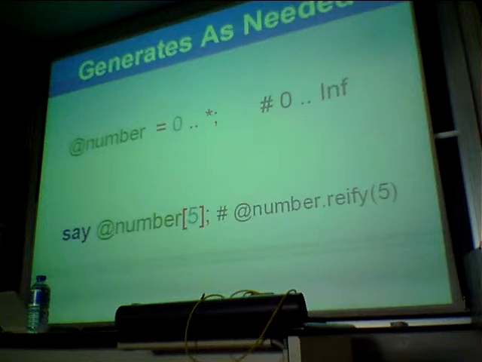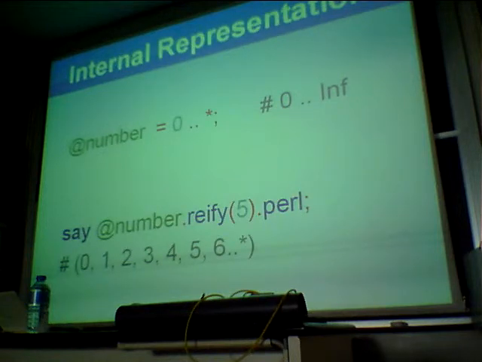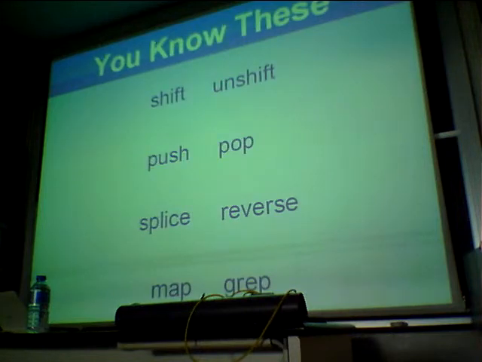It's like the API, like the Perl method I already showed you in the first part. If you call reify, it generates the first element, and that is like the range for the rest, how to generate that. All right, you know these. No explanation needed.